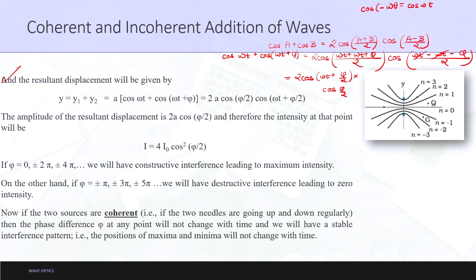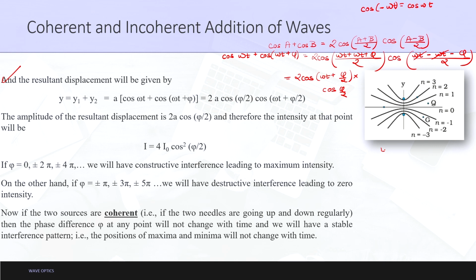Moving on, the amplitude of the resultant displacement is 2a cos phi by 2. This is because this cos term is not a function of t, hence it is also a part of the amplitude. So the amplitude of the resultant displacement is 2a cos phi by 2, and therefore the intensity at that point will be 4 I naught cos square phi by 2. How did this come? Let me explain using the mathematical formulation again.